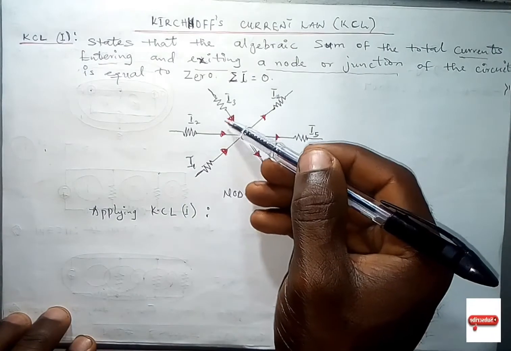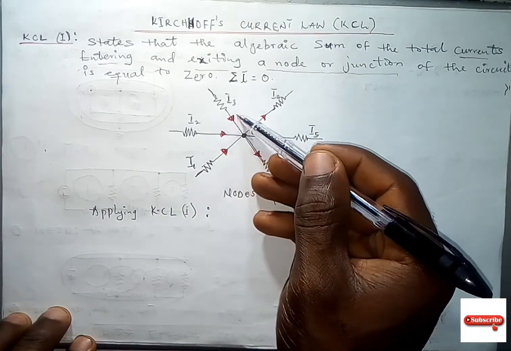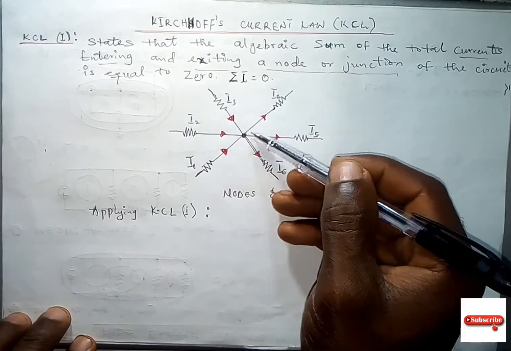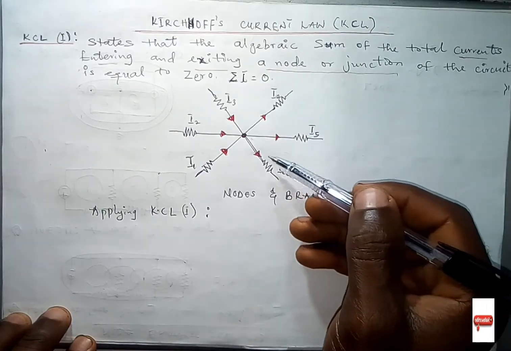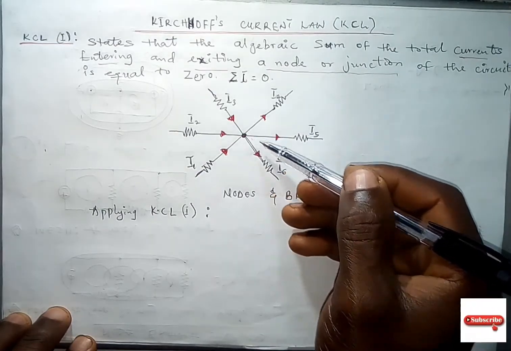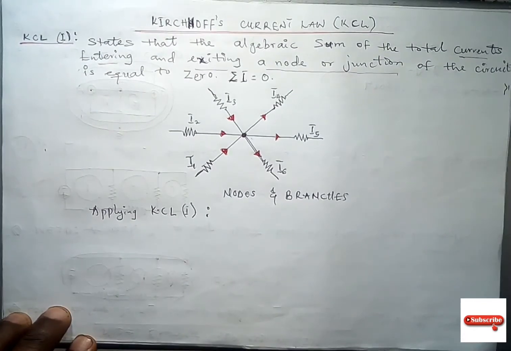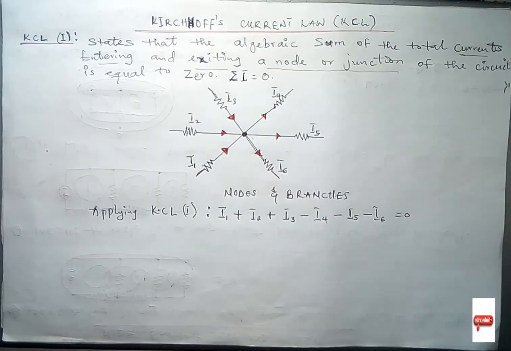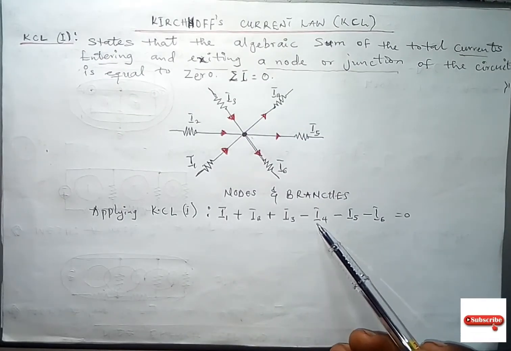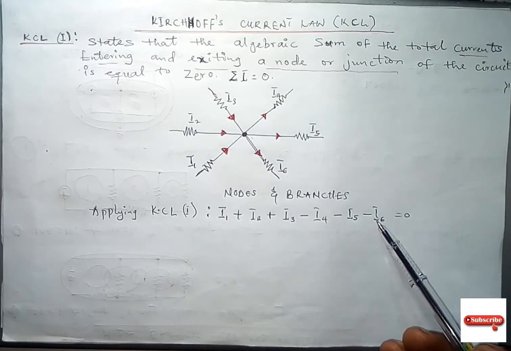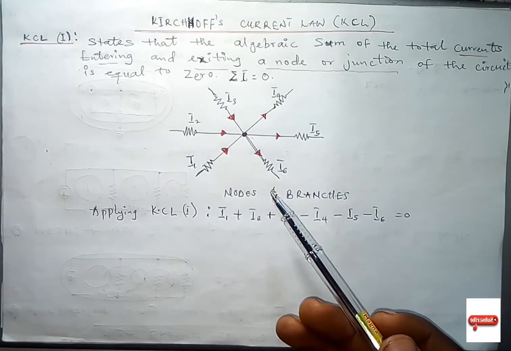Which means these are the currents entering the node or junction, while these ones are the currents exiting the node or junction. So we put it this way: I1 plus I2 plus I3 minus I4 minus I5 minus I6 equals 0. That is according to the first method of Kirchhoff's current law.